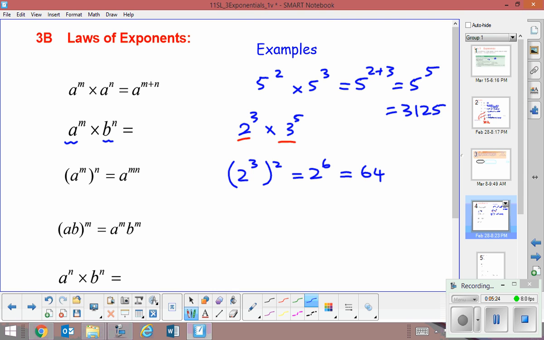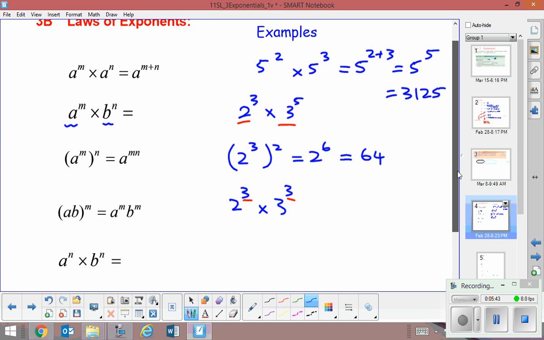Here we have two different bases with the same power. They separate into a to the m, b to the m. So now if I have 2 cubed times 3 cubed, because the powers or exponents are the same, we can put those together.